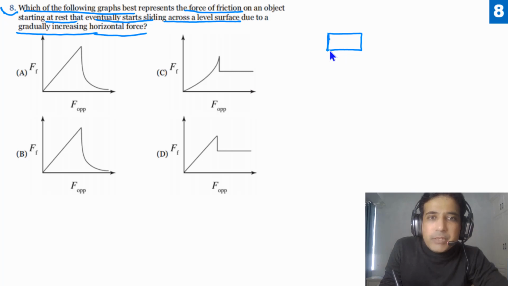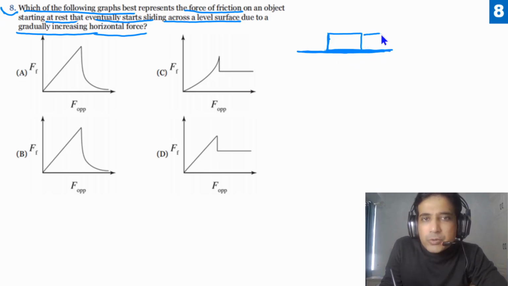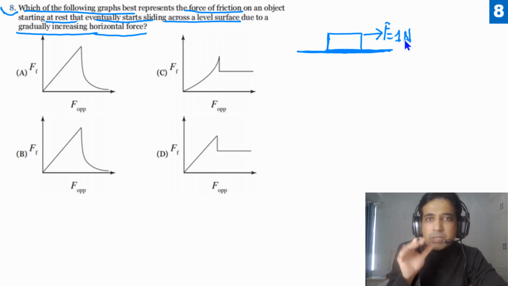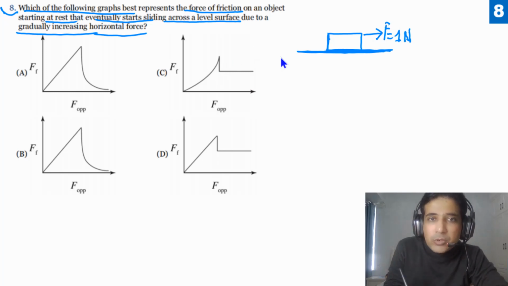Imagine that this block is placed on the ground and we apply a force on it. Let's say this is the applied force and this force is 1 Newton. The block in this case is not moving. If the block is not moving, it simply means that the frictional force acting on the block in the opposite direction is also equal to 1 Newton.